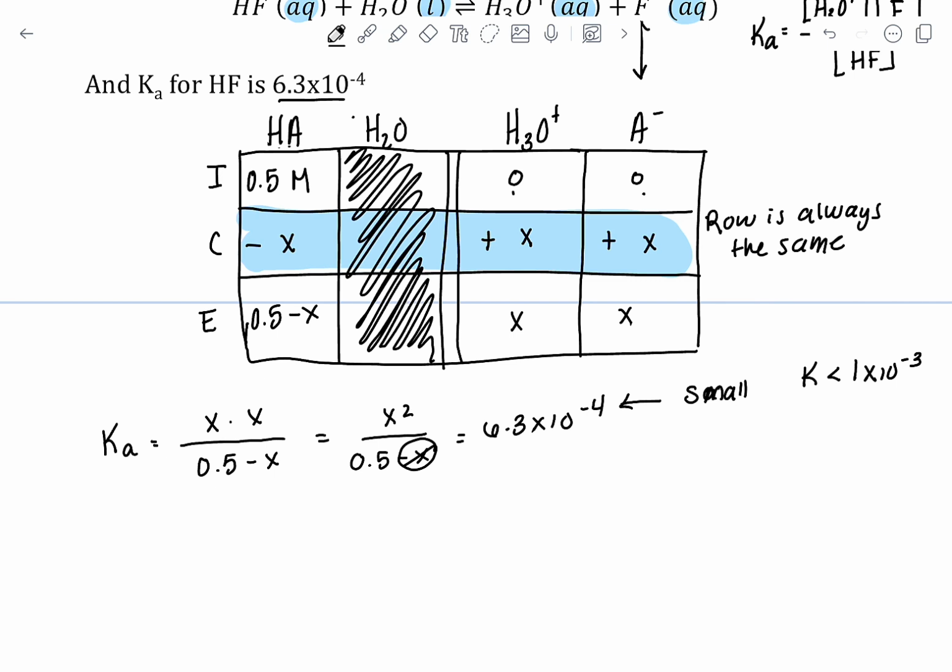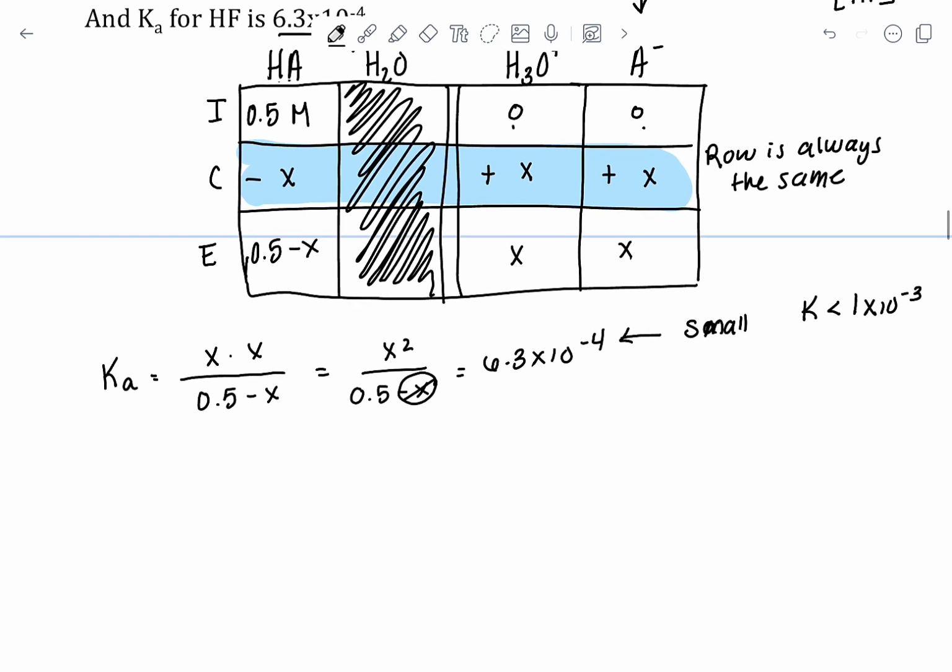It just means that there's going to be very little change in that initial concentration because the ionization of that hydrogen is very small. So this simplifies our solving a lot, because now we just have X squared over 0.5 is equal to 6.3 times 10 to the minus 4.